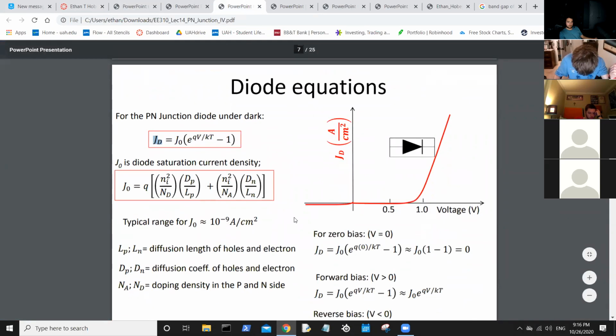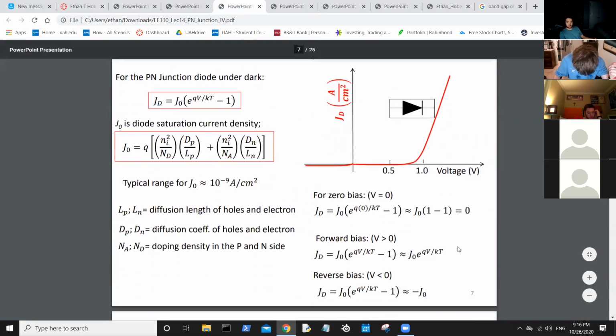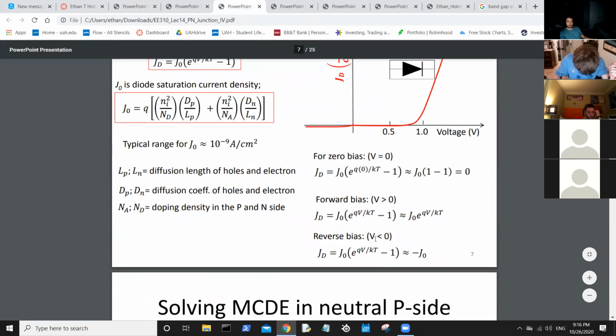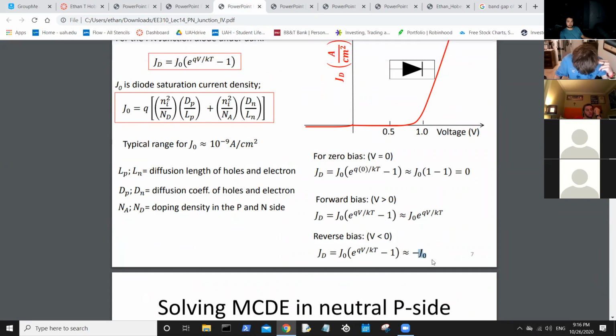So essentially, it looks like there's no change to the formula. So he's telling you that in reverse bias, J0 is just going to be negative J0. So that's that, I suppose.